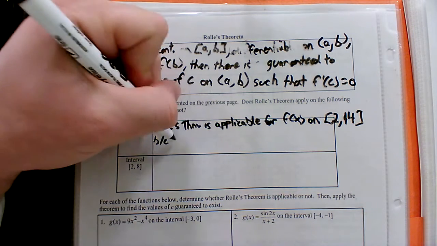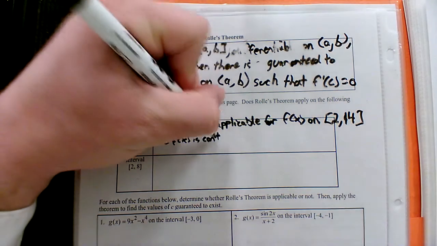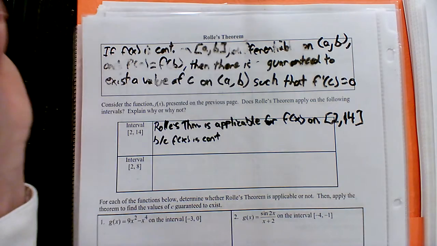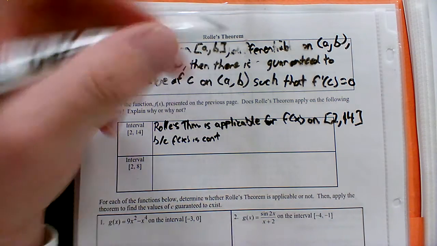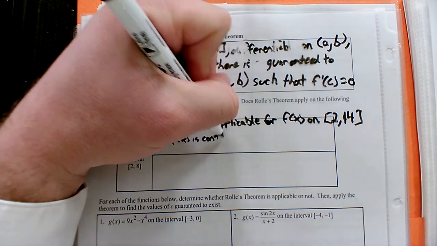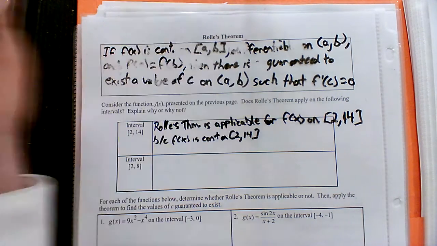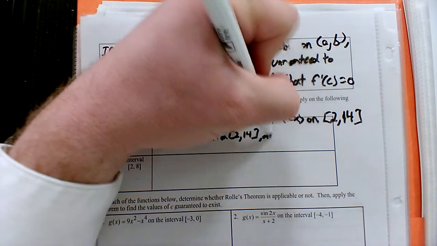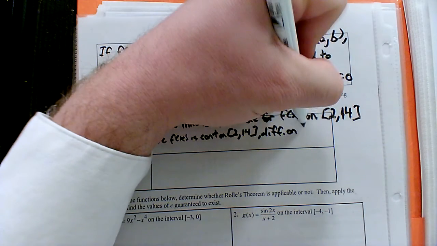because f of x is continuous, and you should say that it's continuous on the interval, differentiable on the interval. So we're going to say is continuous on 2 to 14, differentiable on 2 to 14.